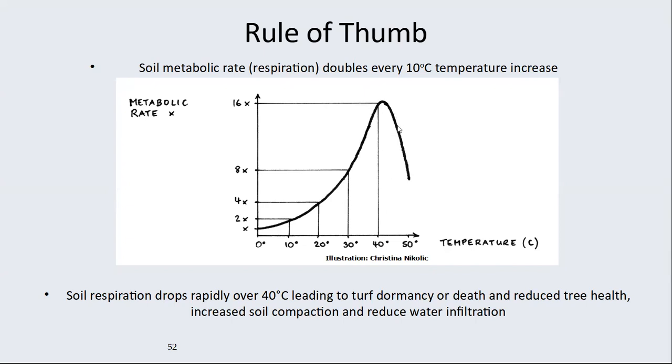Then it plummets very quickly. And when you cross that threshold, your turf goes dormant or dies, and it affects your trees because where are your tree roots? They're in there, and largely in urban areas with compacted soils, they're very close to the surface. So then your trees go into drought stress.